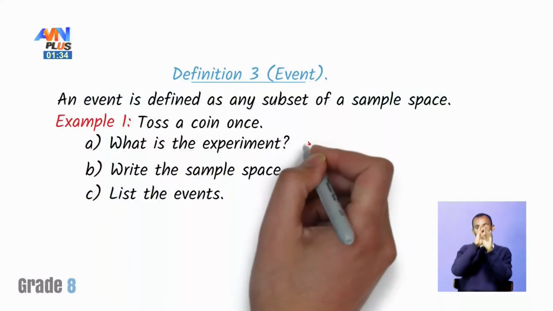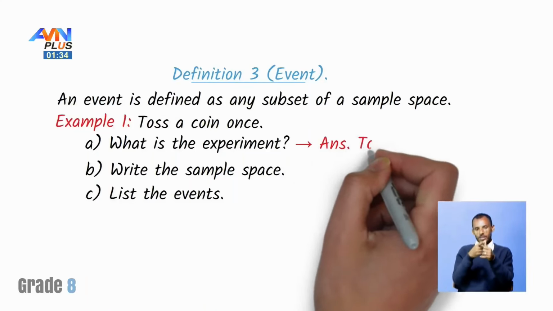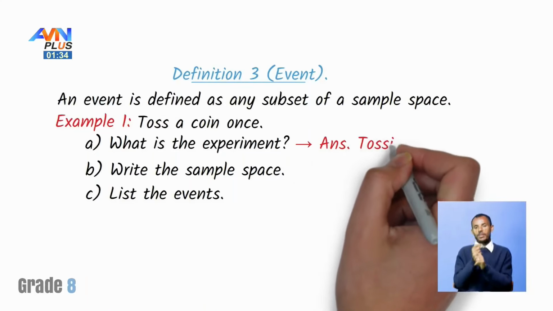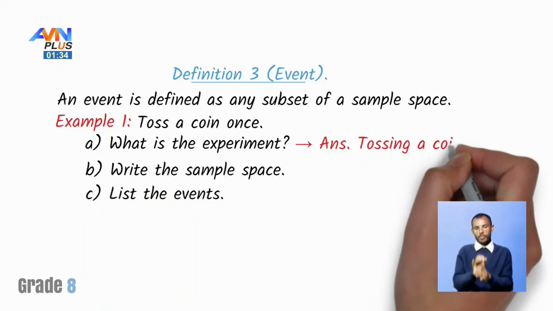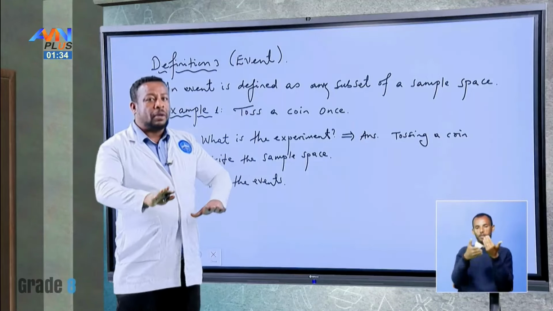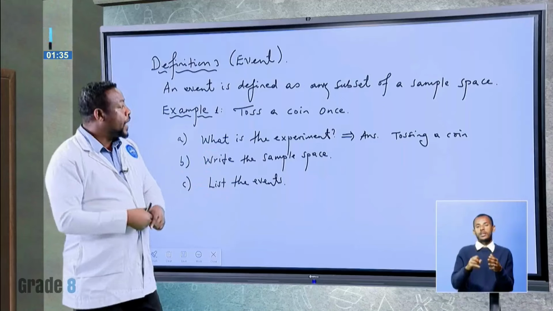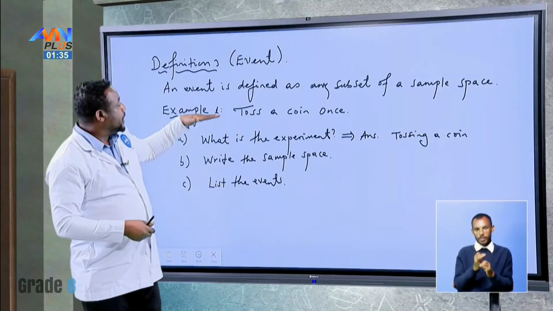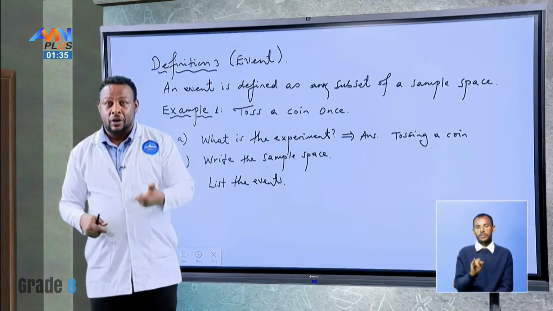Just simply a performance or an activity that results in an outcome is an experiment. So for this first example, your answer should be tossing a coin.